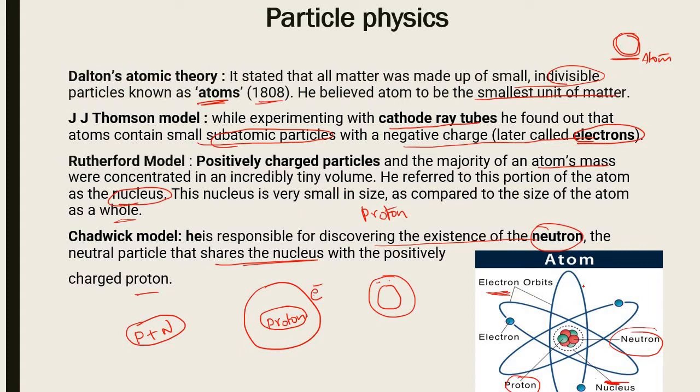Okay, but after discovering these particles, they believed that electron, proton, neutron, etc. are the fundamental particles, and there cannot be any smaller particles than these. But later in the 1940s and 60s, due to advances in physics and technology, a lot of scientists found some other particles which are smaller than these fundamental particles.